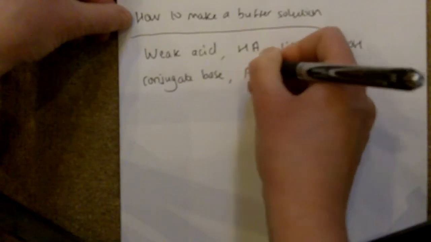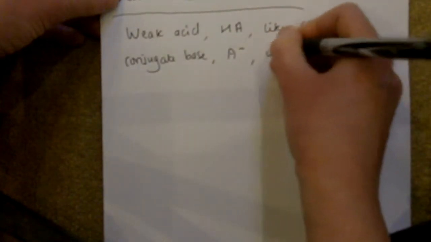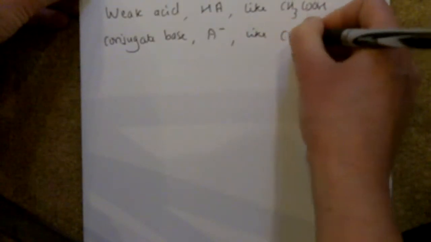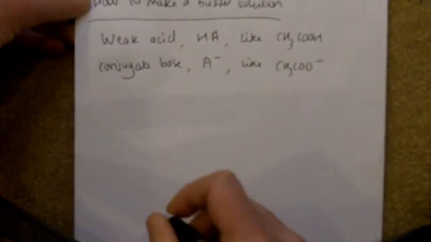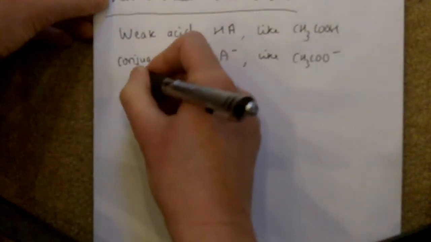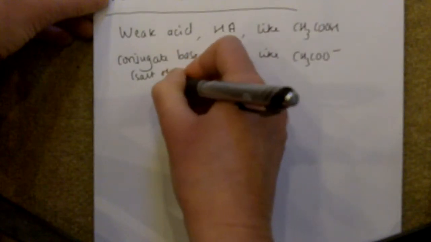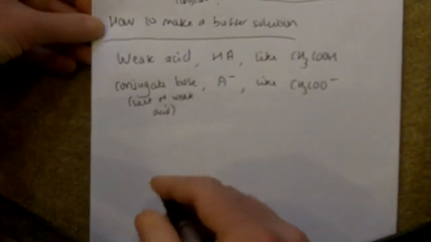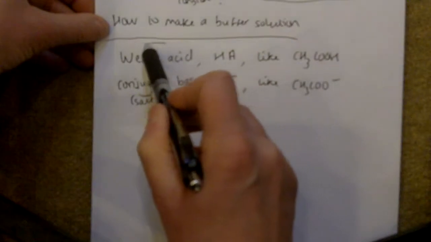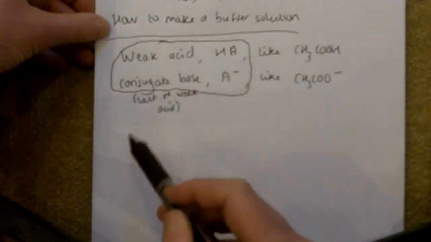So basically we mean A minus. If it's ethanoic acid, we mean the ethanoate ion. So basically it's the salt of the weak acid, the conjugate base, right?